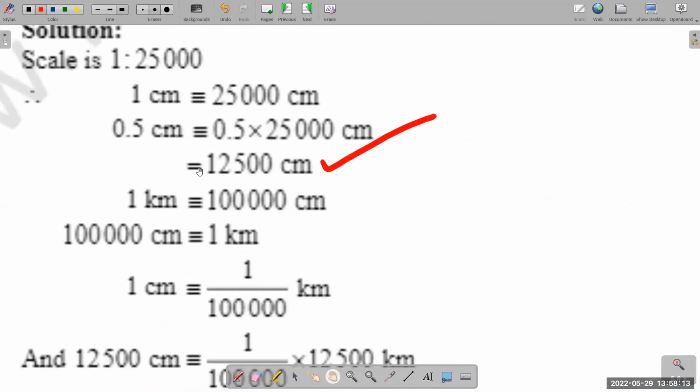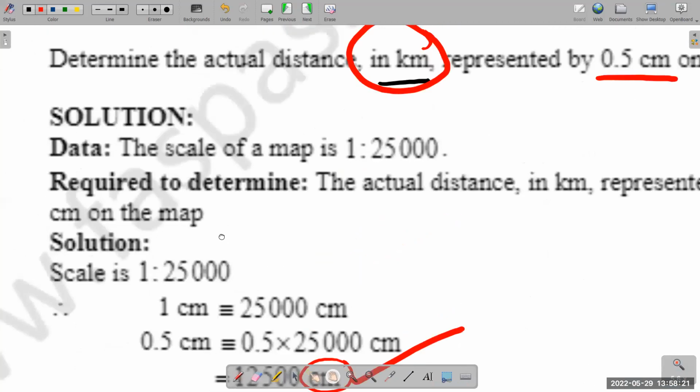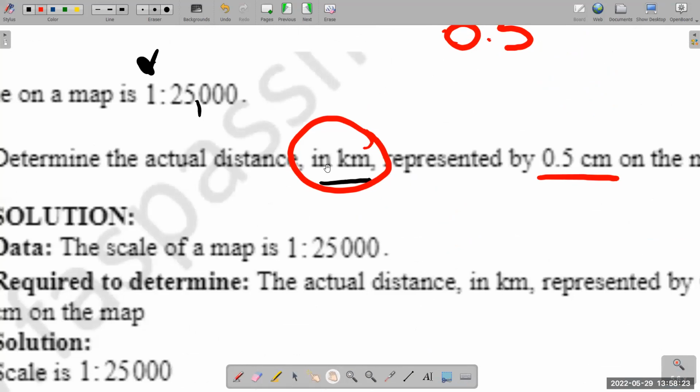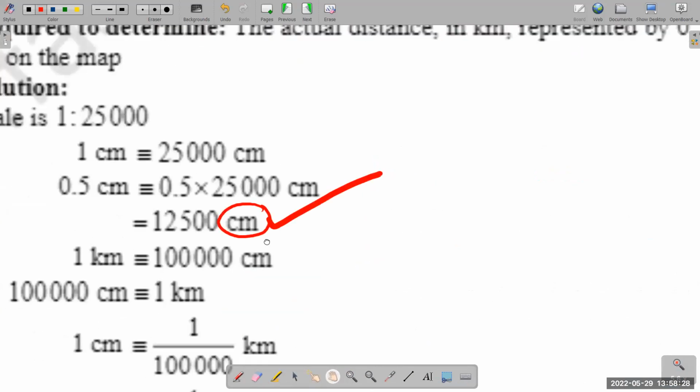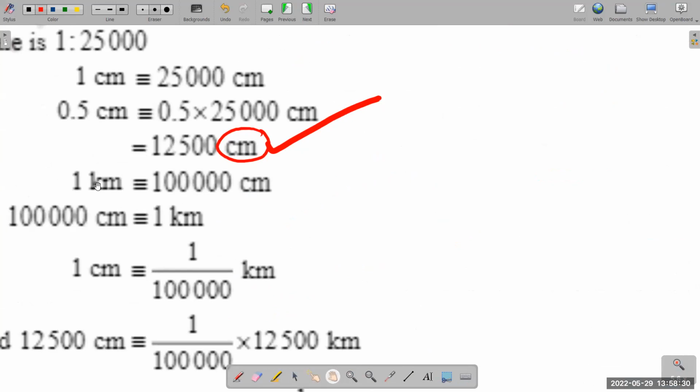First things first, does everybody understand how we got the first answer? But the answer was in cm. They specifically said they want the answer in km. So we know, based on our conversion, 1 km is 100,000 cm. So guess what we have to do?